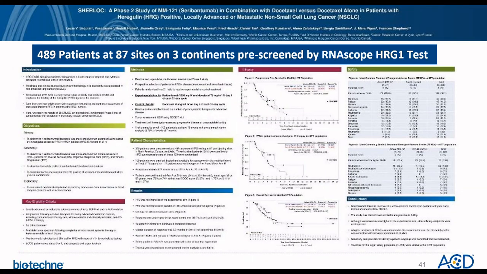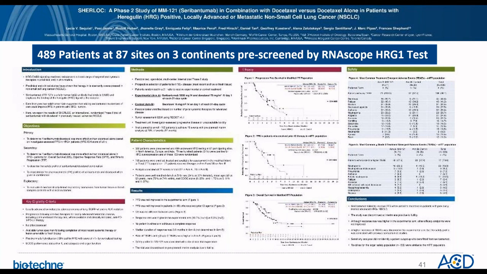This is a screenshot of a poster presented by Merrimack, and this is not a very clear poster, but the message that I want to send here is that they presented this poster with their academic collaborator at ASCO in 2019, and they reported the results of the phase 2 clinical trial studies, where MM121 was used as a combination therapy, and they performed it on almost 500 patients, which came from 87 clinical sites on 3 different continents.